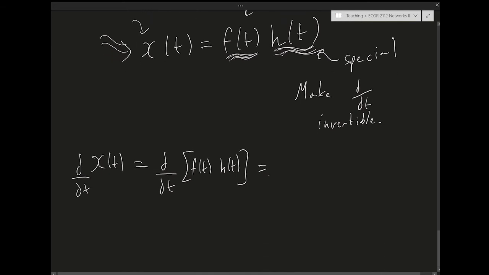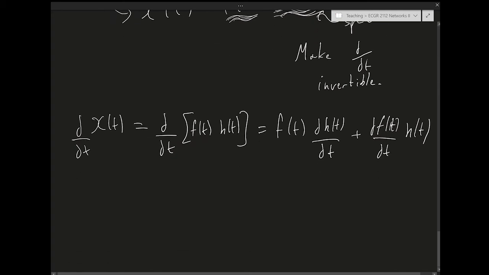We have to use the product rule. So this is going to be f of t dh by dt plus df by dt times h of t.